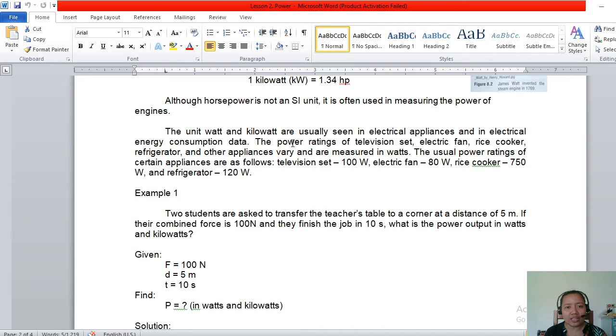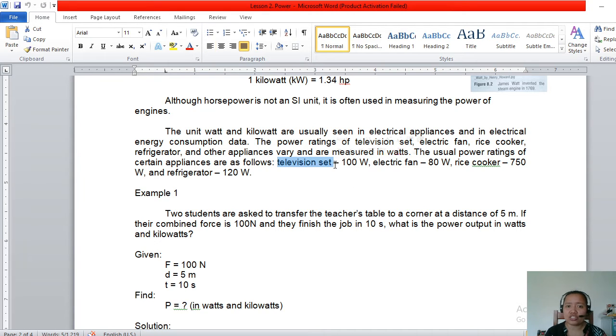The units watt and kilowatt are usually seen in electrical appliances and in electrical energy consumption data. The power ratings of a television set, electric fan, rice cooker, refrigerator, and other appliances may vary and are measured in watts. The usual power ratings are as follows.